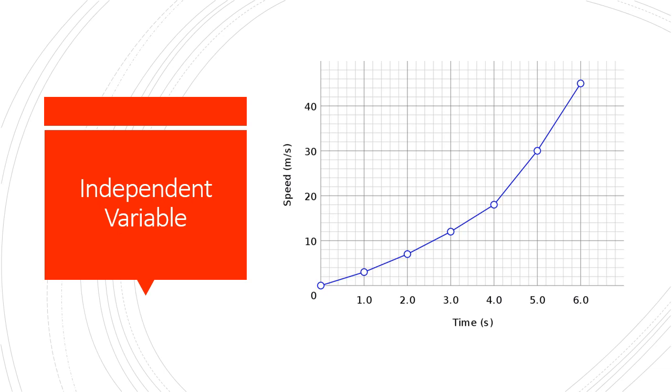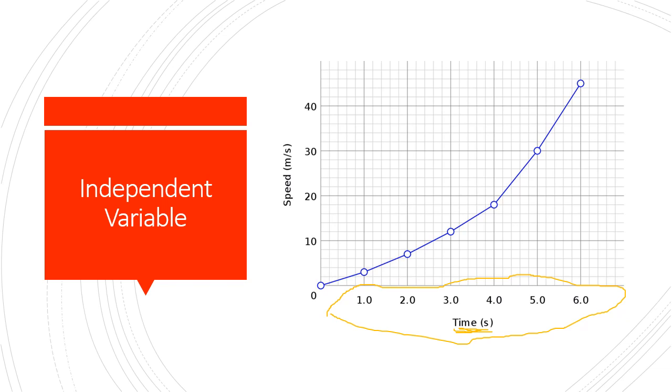The independent variable, 99.9% of the time, it's going to be the horizontal axis of the graph. And more specifically, time. Time is commonly an independent variable because that is something that you can control.